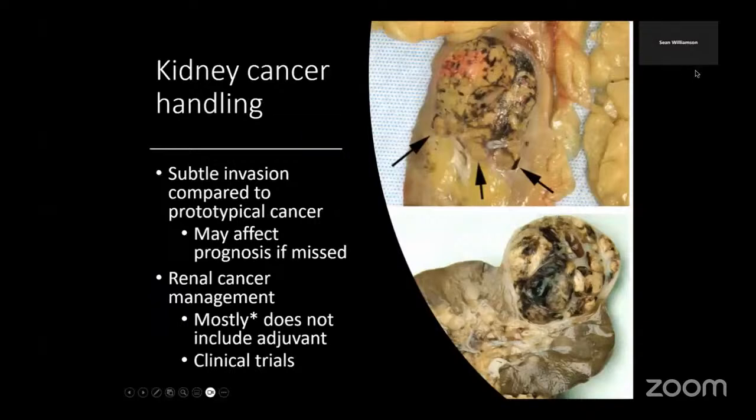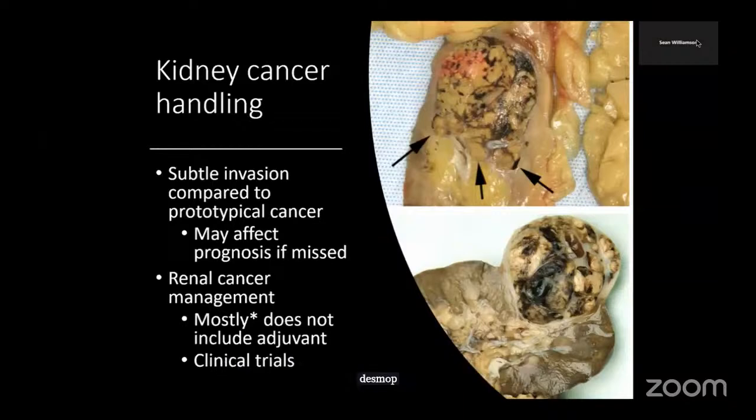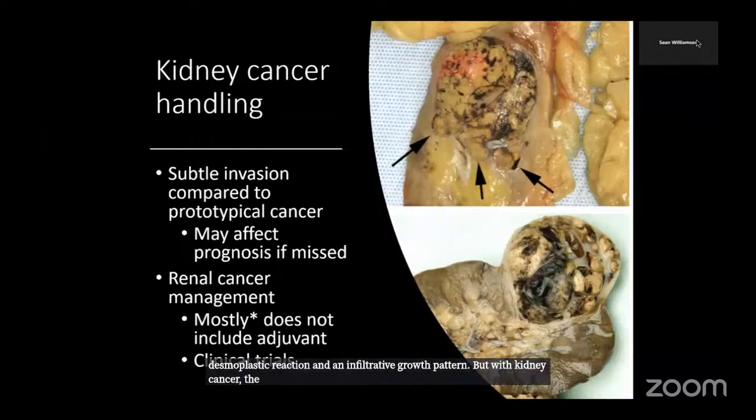I think kidney cancer staging can be challenging because the invasion of kidney cancer into structures is sort of different than what you expect of the prototypical cancer. Prototypical cancer would have desmoplastic reaction and an infiltrative growth pattern. But with kidney cancer, the tumors are mostly spherical with sort of subtle outpouchings into vein branches or the renal sinus tissue.